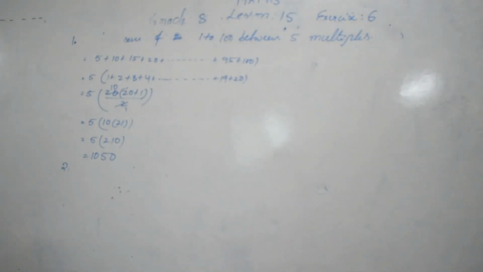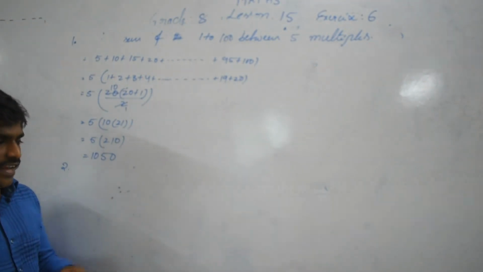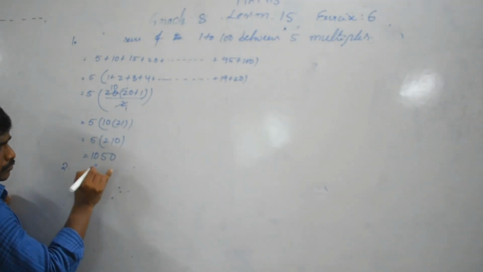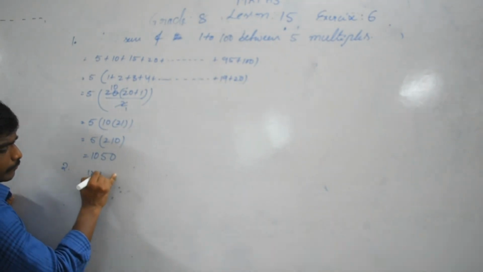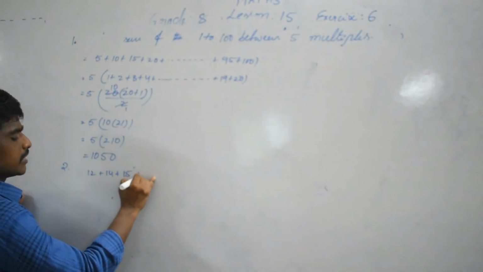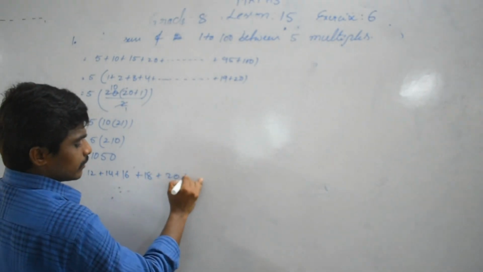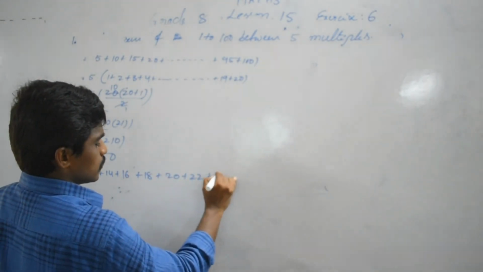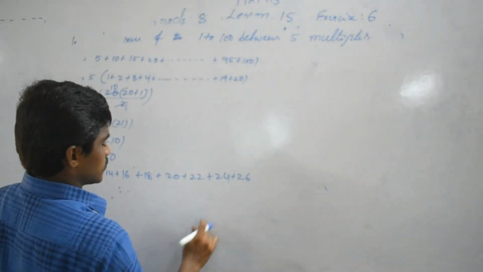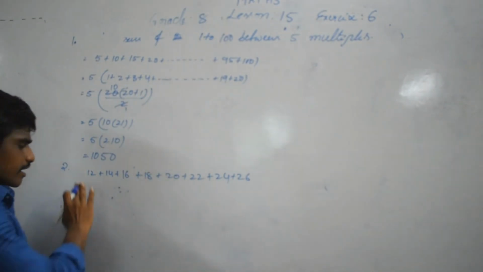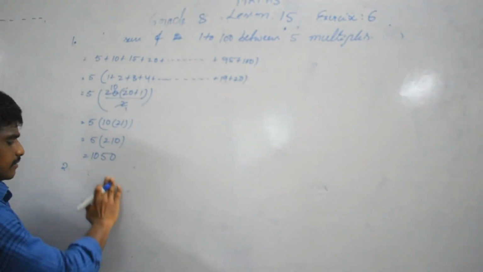Next one. Find the sum of the integers divisible by 2 from 11 to 100. Here asking 11 to 100 divisible by 2. Like example, 12, 14, 16, 18, 20, 22, 24, 26. These are all adding how much? So in this case, here see.